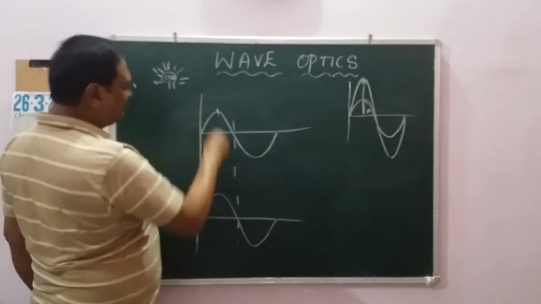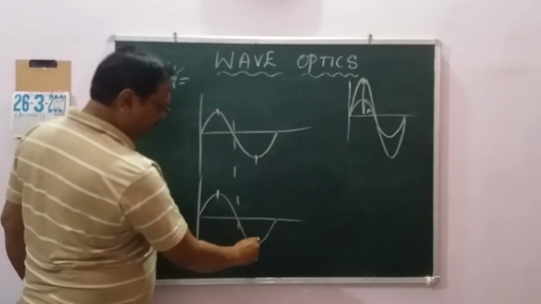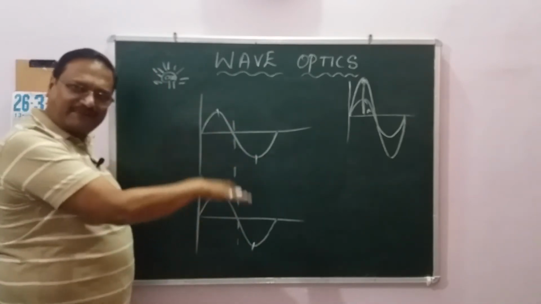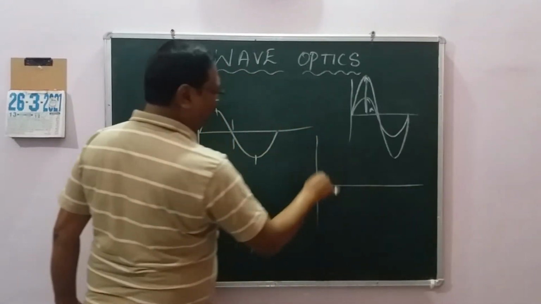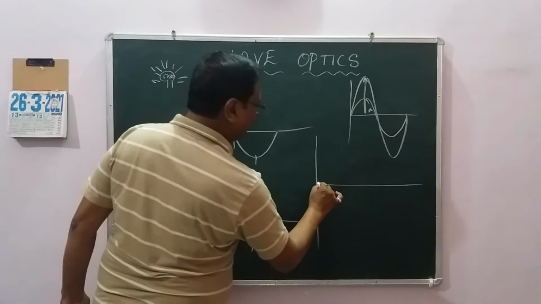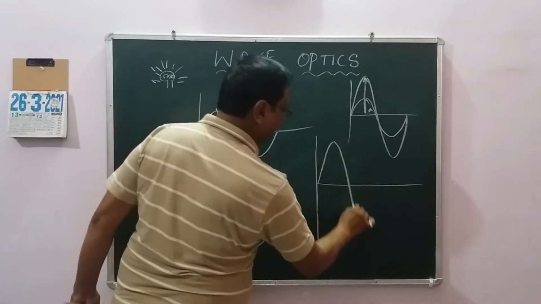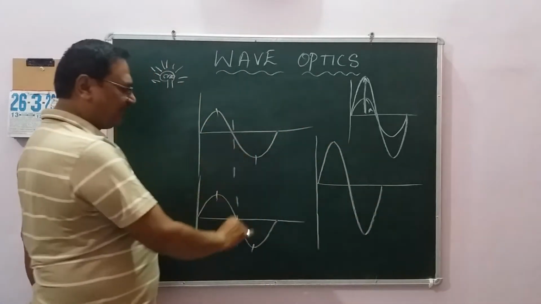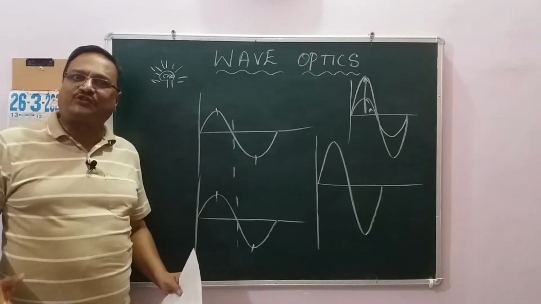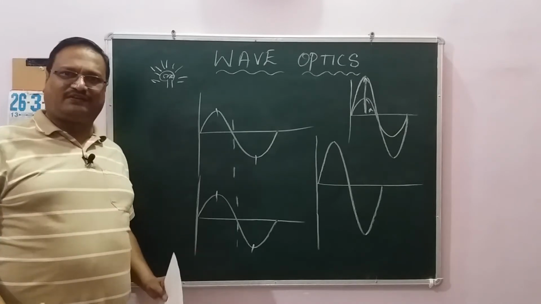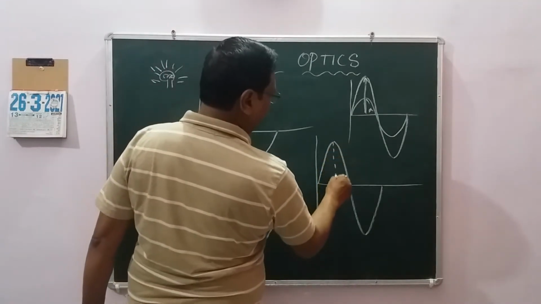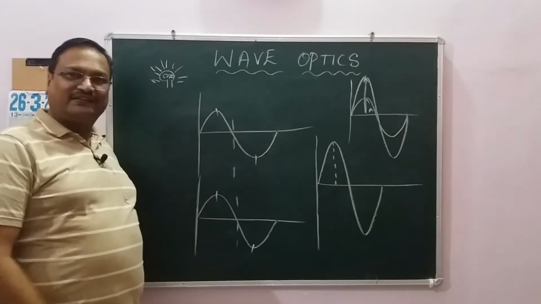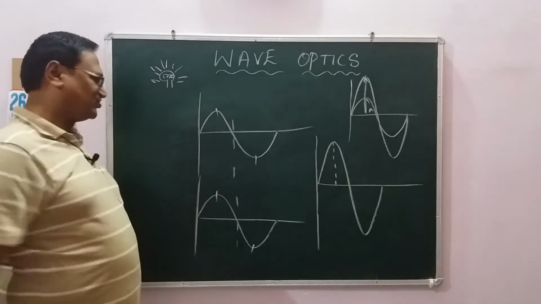See, the crest and trough, they both are at the same angle. So you'll find that the output here will have higher intensity, because they add up according to the superposition principle. Superposition of waves, the intensity will get added up. Okay, this is constructive interference.